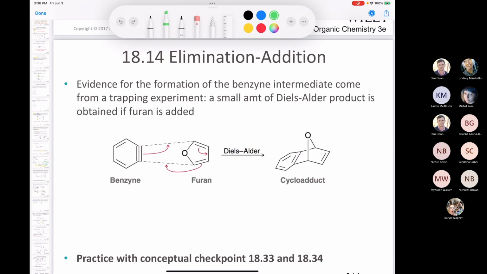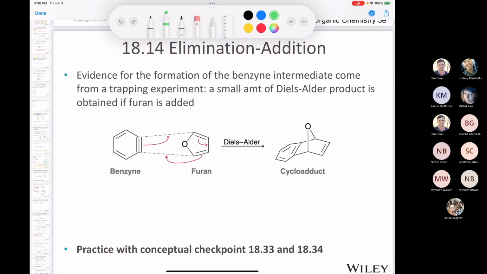Well, it still seems kind of wacky to me that you can end up with this thing. And so if you look at our textbook, he goes into a little bit more detail about the benzyne. I'm not going to go into that today. I'm not saying it's not important, but it's something I'm not really going to ask you. But there's actually more evidence that the benzyne might exist as a diradical. So it might actually look like this, where you have a double bond here, and then you have a radical here and a radical here.